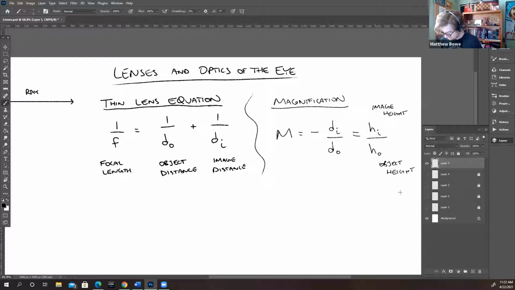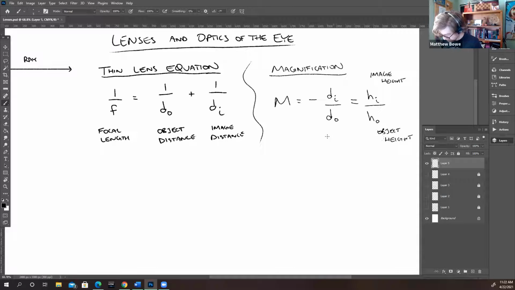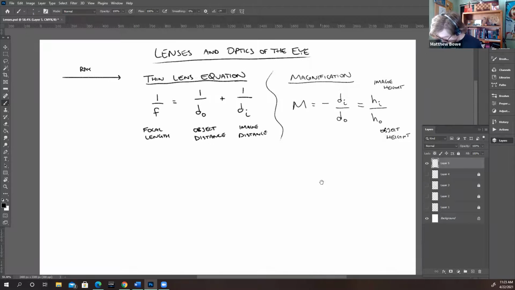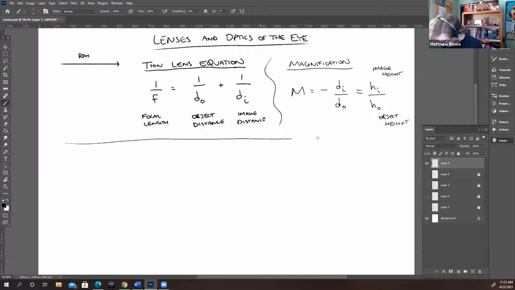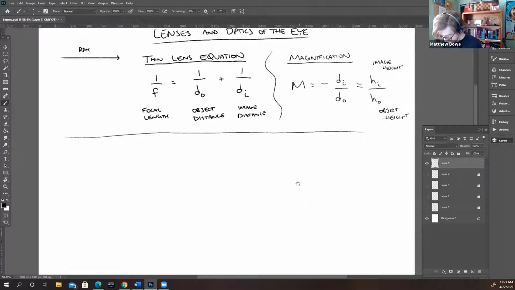You can probably see how you could use this equation to get all sorts of values that you need: object height, image height. A lot of possibilities. So let's get into these lenses and see what they look like.